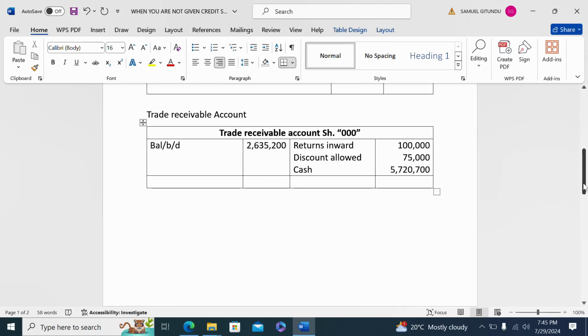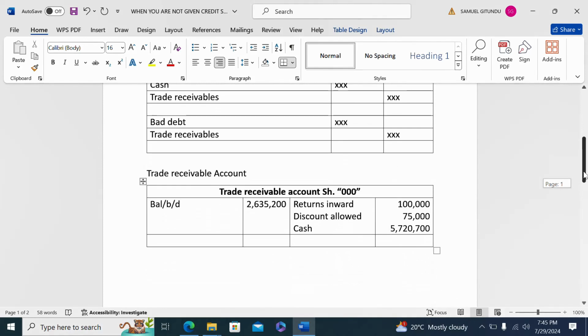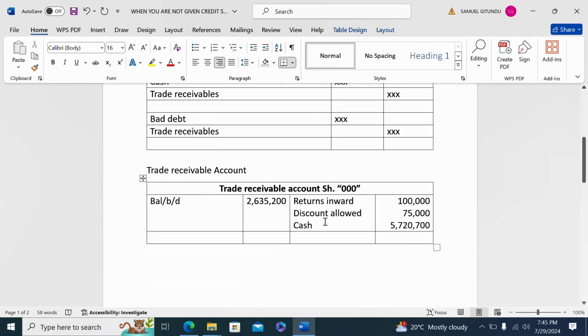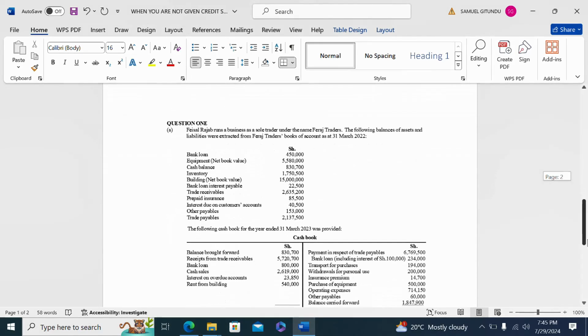Then we continue. Was there any bad debt during the year? So we come to the question again and find out.